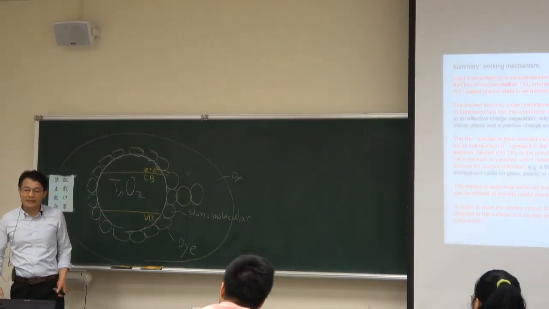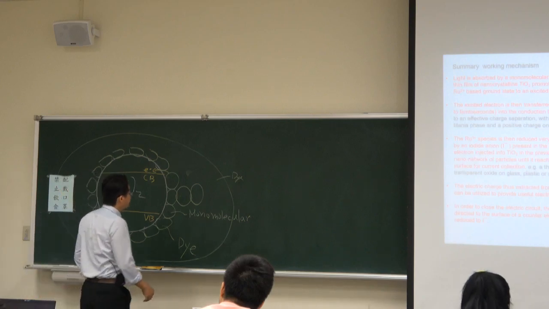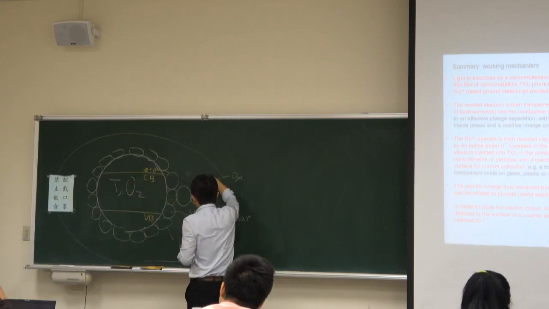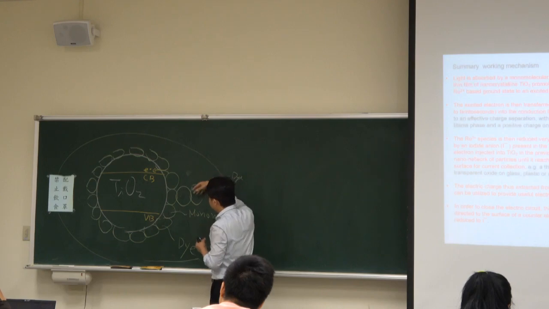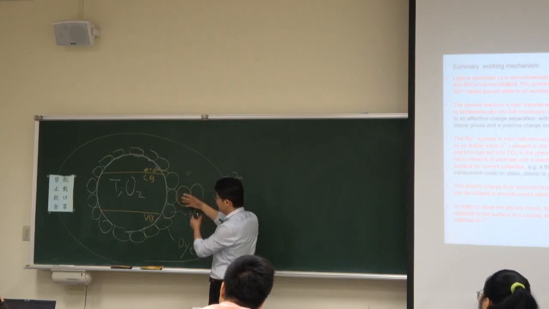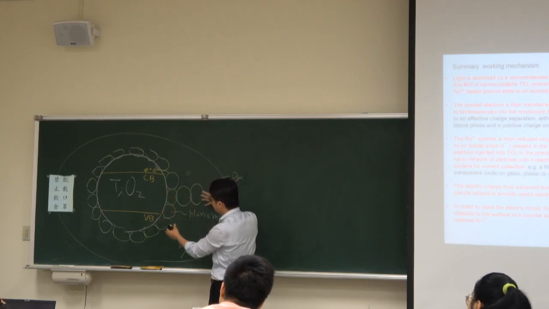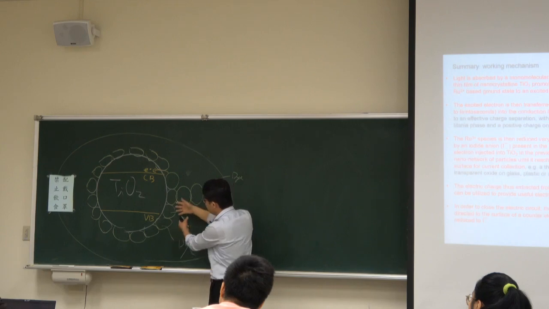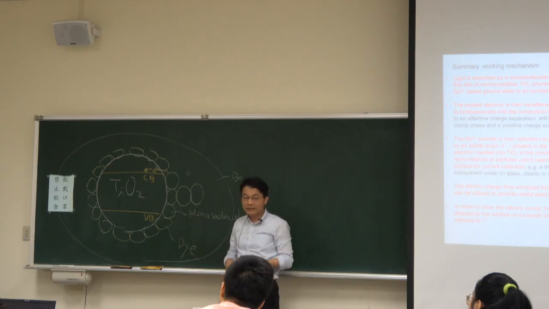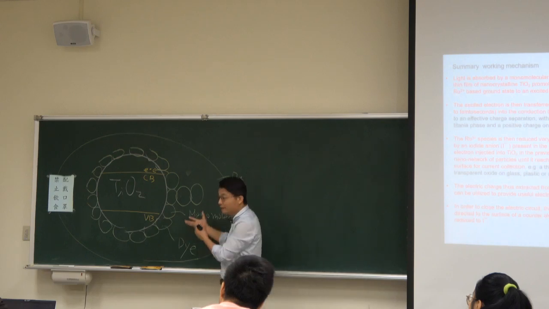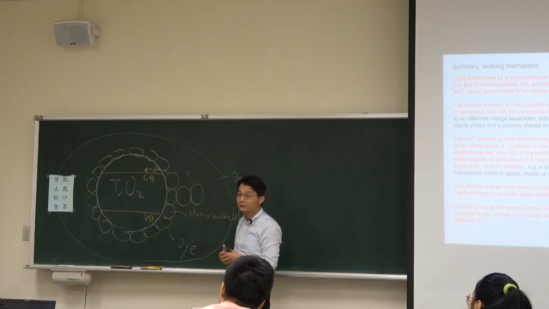I think this is not major, right? The more light, because inner layer, yeah, maybe if you have more dye, the inner layer may have the light blocked, right? But still, you have a high surface to volume ratio of the dye.